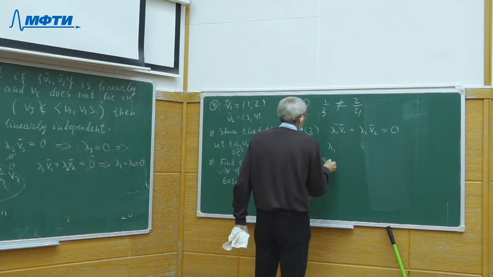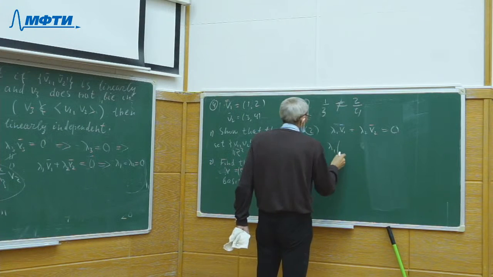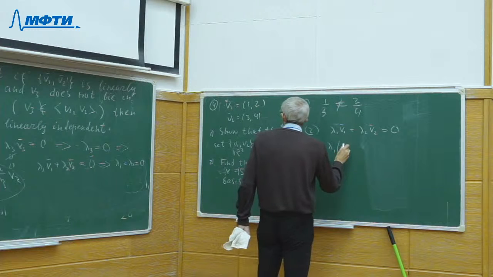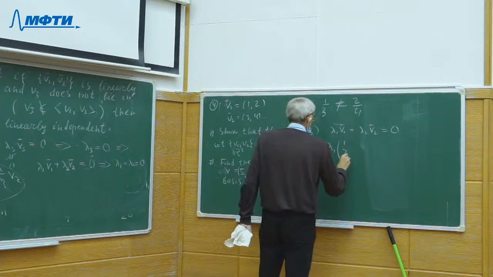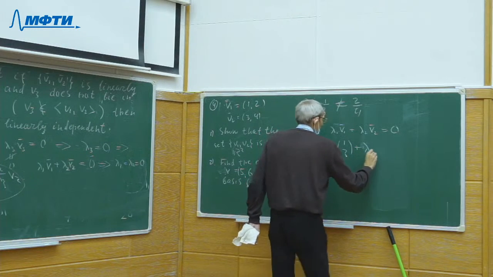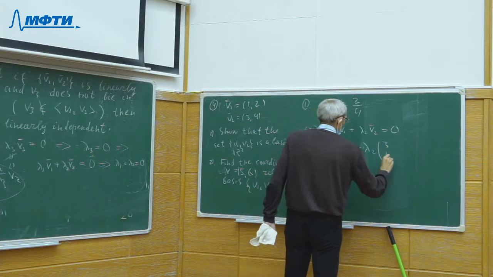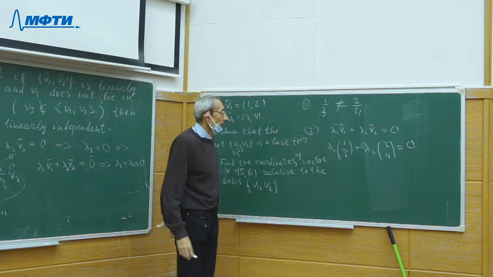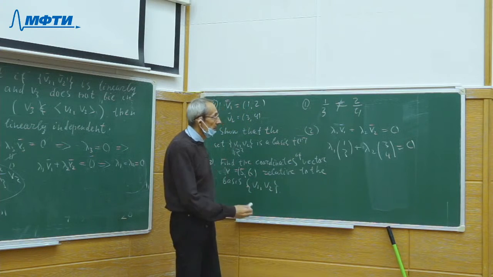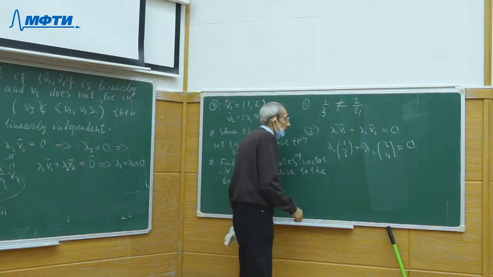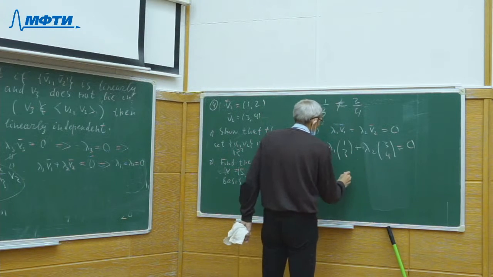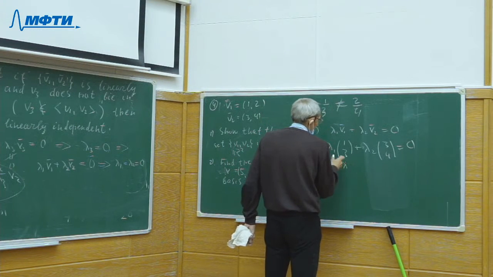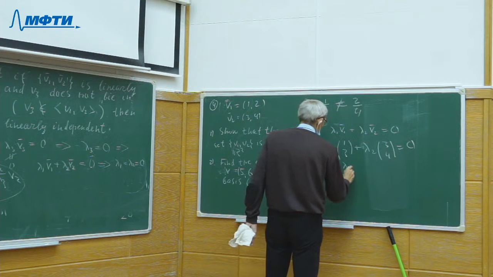It is easy to see that the linear combination in coordinate form has the following form. And this expression we can rewrite in the form of an equality of two vectors.